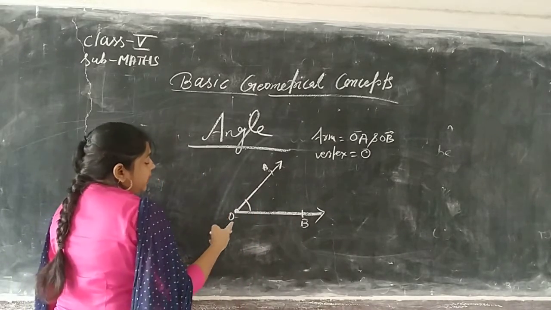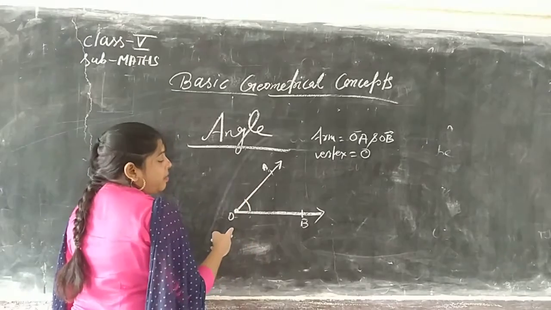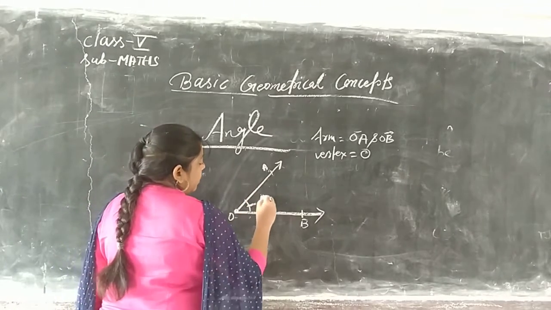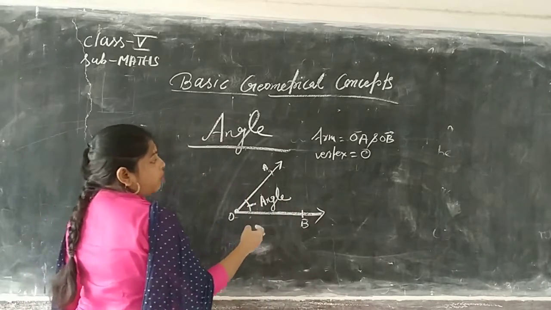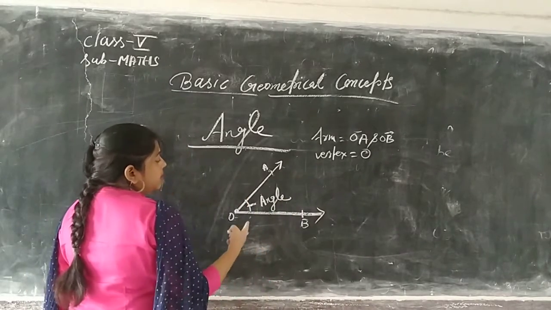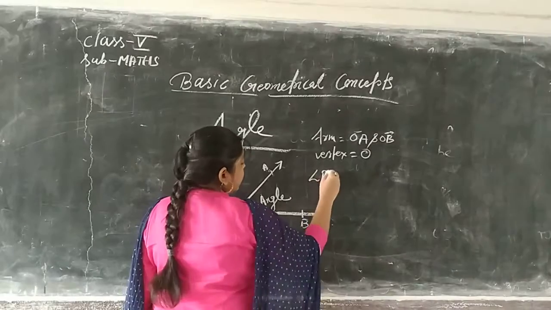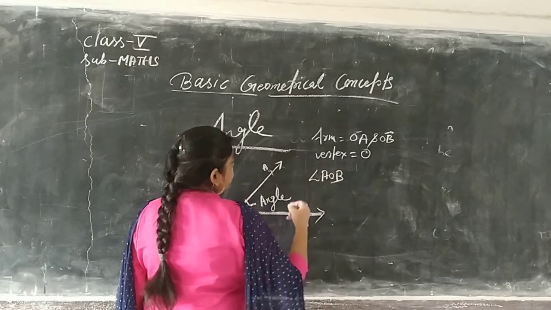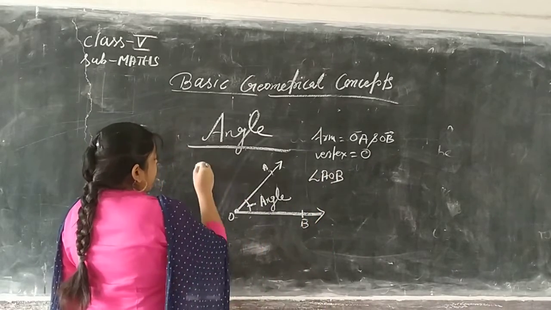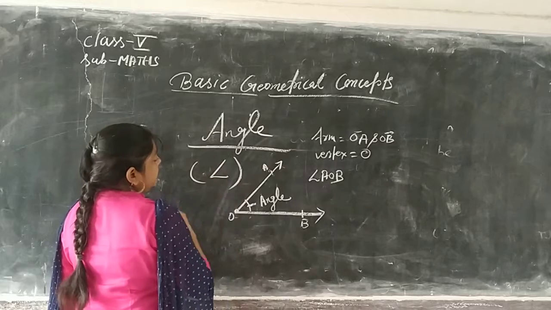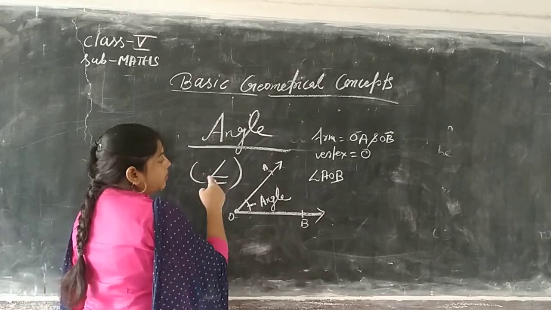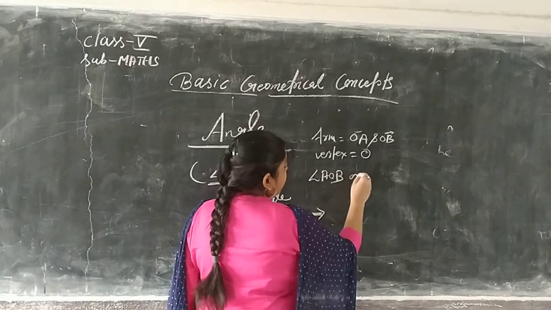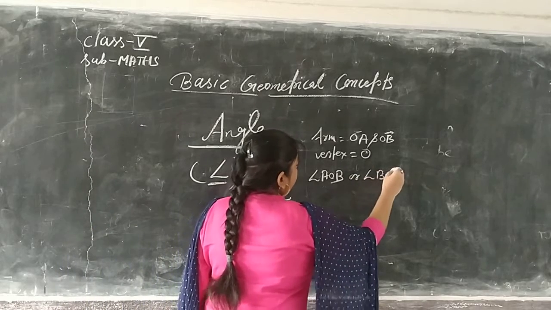If the two arms meet at the vertex, they make an angle. So OA and OB are the two arms, and the name is angle AOB. It is represented by the angle symbol, angle AOB or angle BOA.